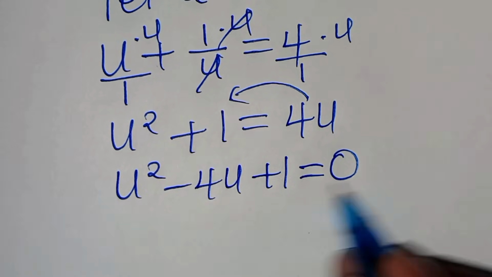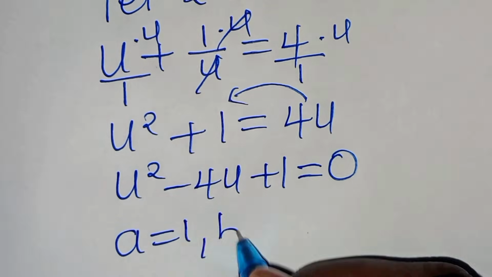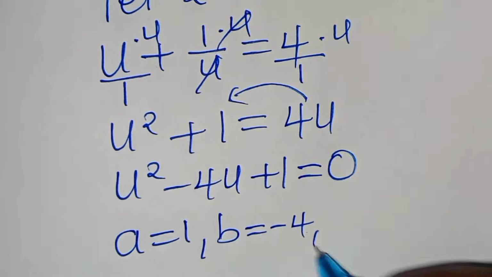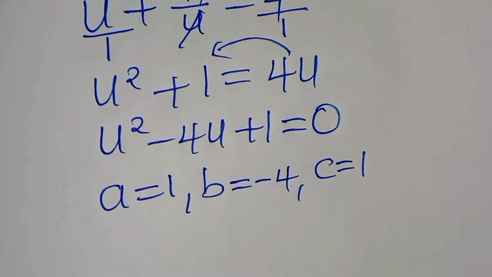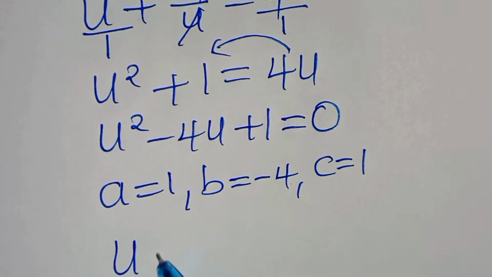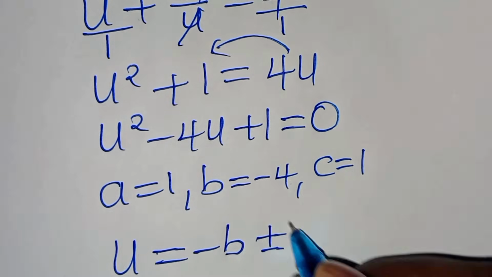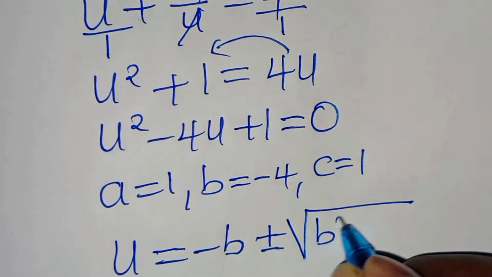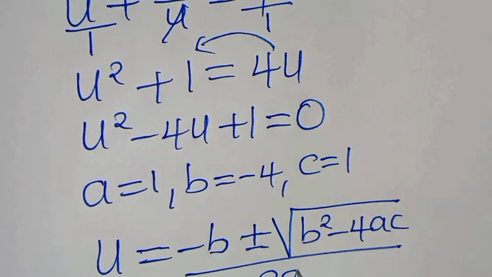So this is the quadratic equation where we have a is equal to 1, b is equal to -4, and c is equal to 1. Now we can solve for u by applying the quadratic formula, which is minus b plus or minus the square root of b squared minus 4ac divided by 2 times a.